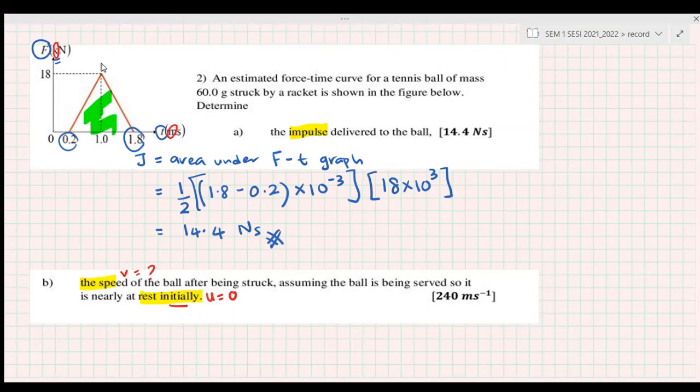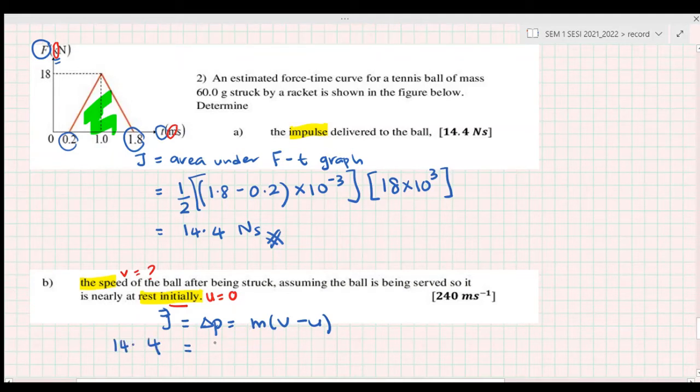Alright, so daripada impulse momentum theorem, okay, which is we have impulse juga adalah sama dengan delta P lah, which is sama dengan mv minus u. Alright, so impulse kita dah dapat dah daripada area under the graph di atas. So kita ada 14.4.